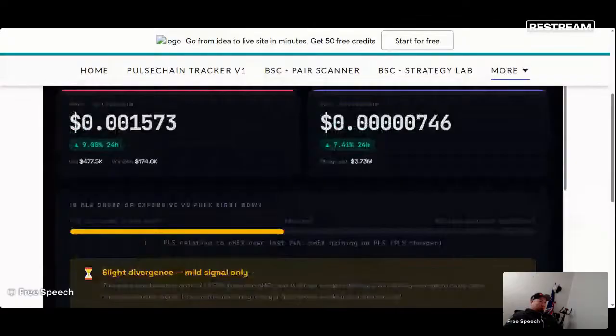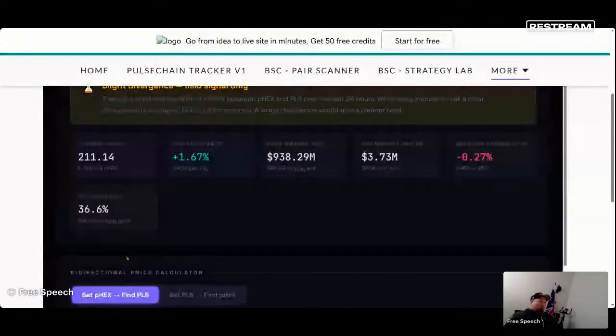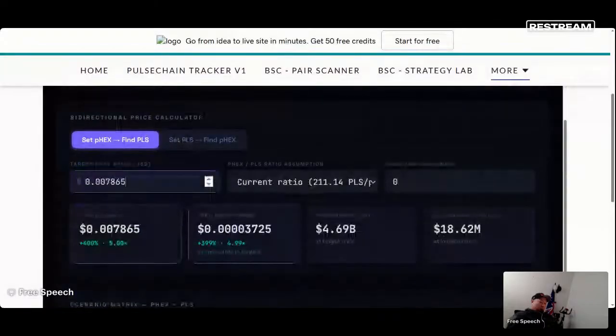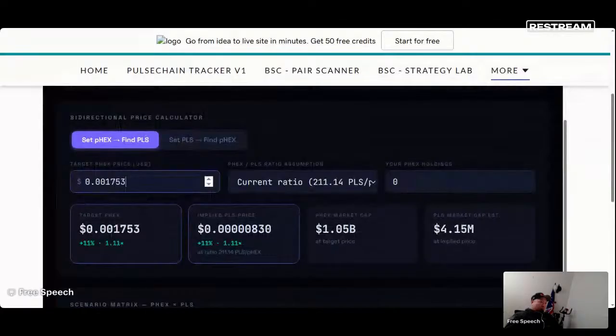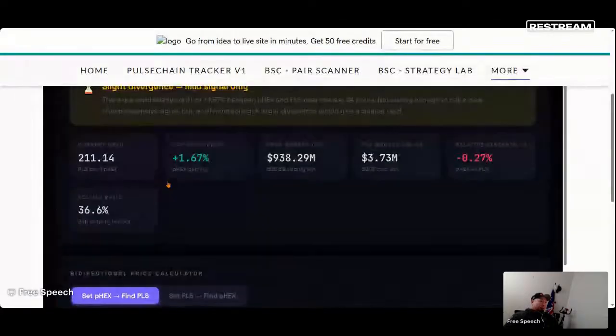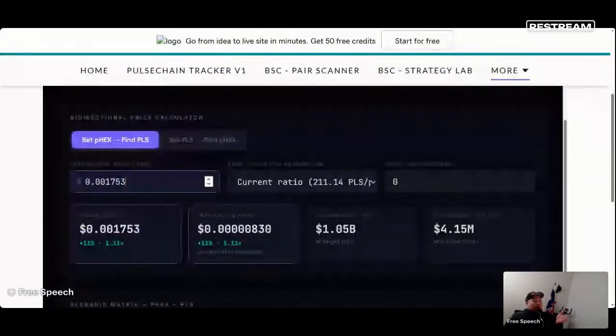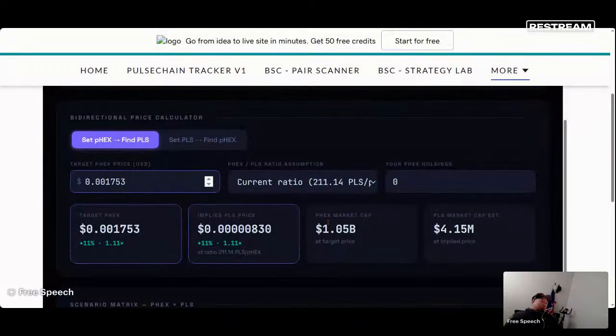Oh, okay, I think I put the wrong answer. 0.001753. 0.0073. And technically it should come up at the current ratio, the exact price. But alas, the implied price, see, this is what I'm saying, the numbers are interesting. The implied price would actually be at the current ratio.